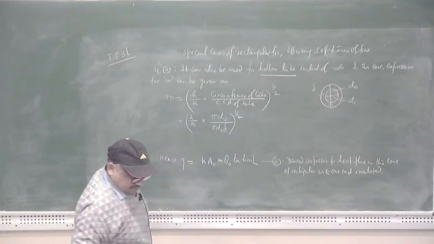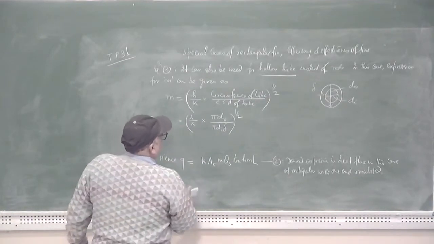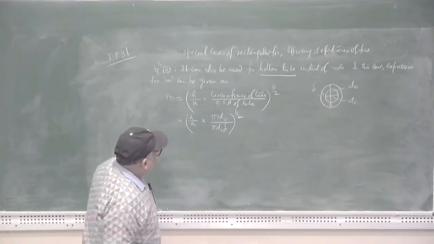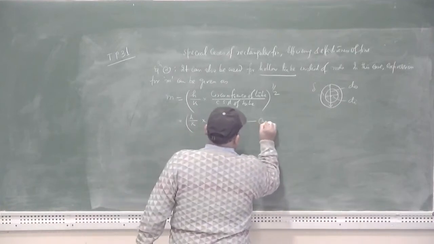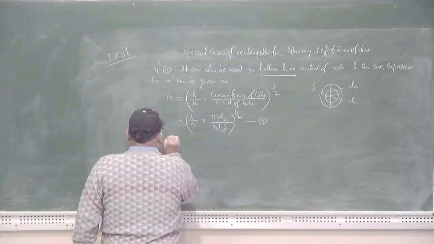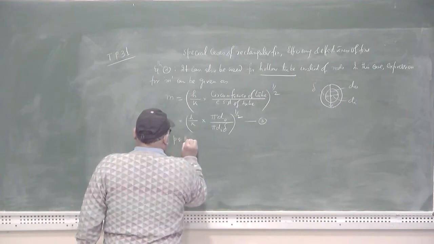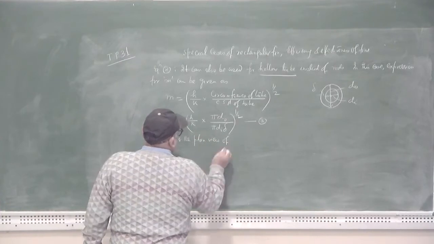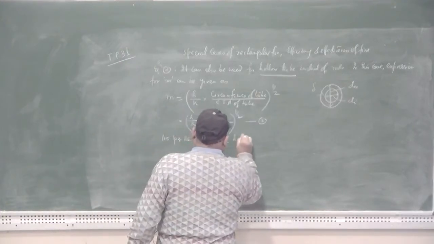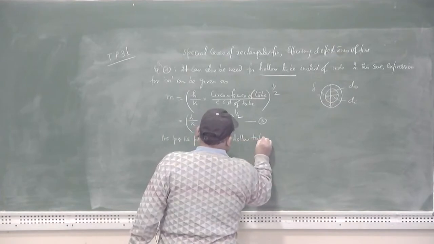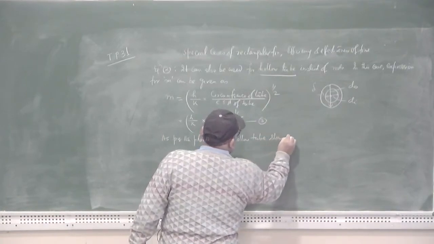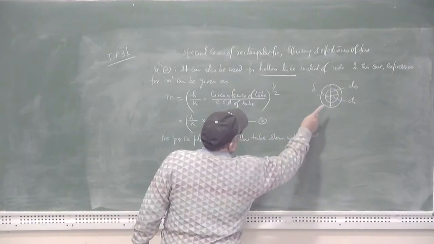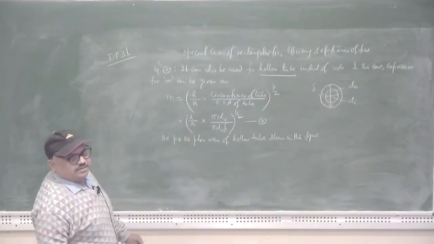Now, let it be equation number 3. As per the plan view of the hollow tube shown in the figure, how can d naught and d i be interrelated with each other?